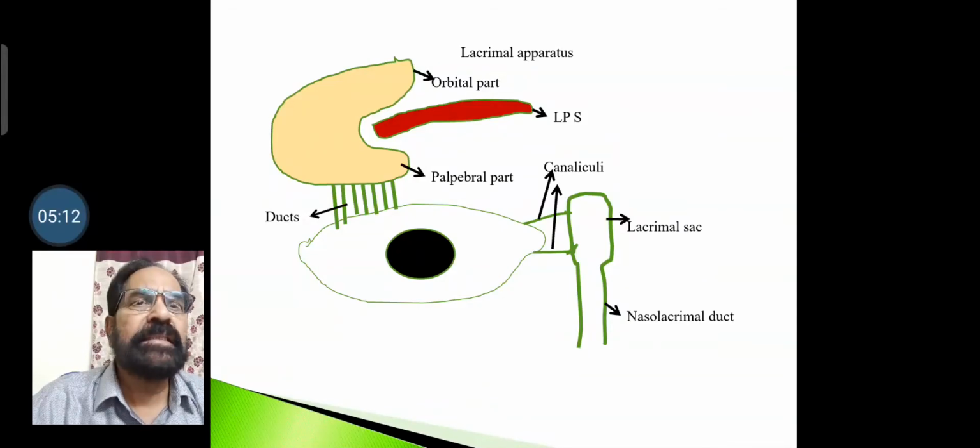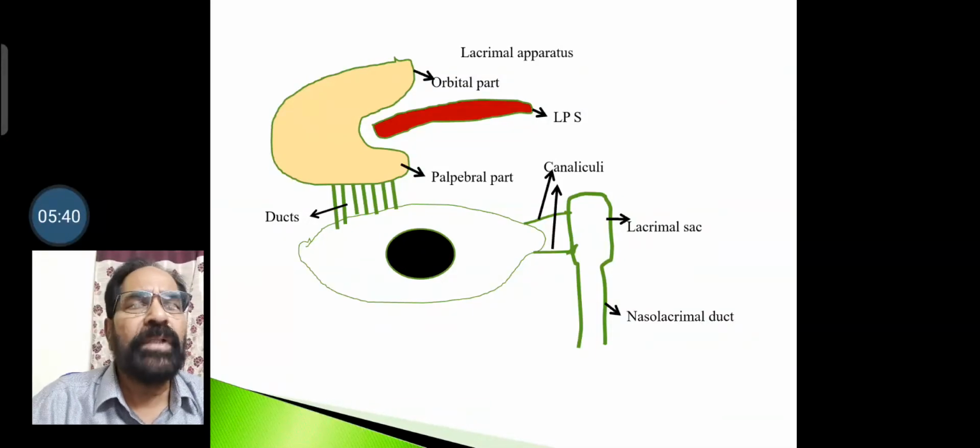Then coming to the medial side, we see that from the medial aspect of the eye, the two canaliculi arise and they end in the lacrimal sac. The lacrimal sac is blind above, that is also called the fundus, and below, the lacrimal sac continues as the nasolacrimal duct, and this nasolacrimal duct opens into the inferior meatus.